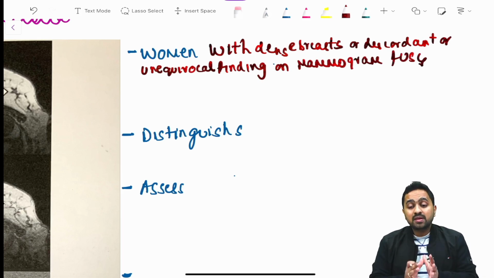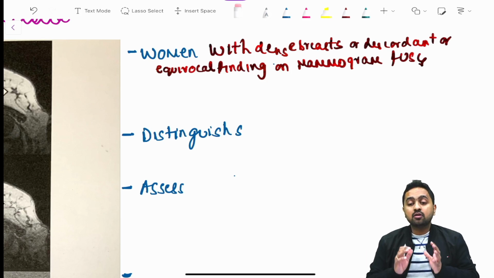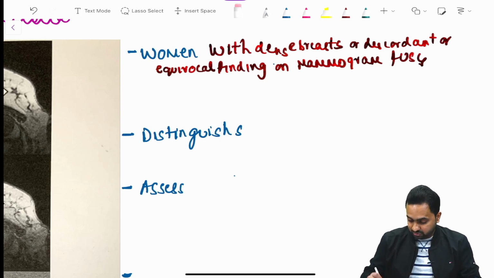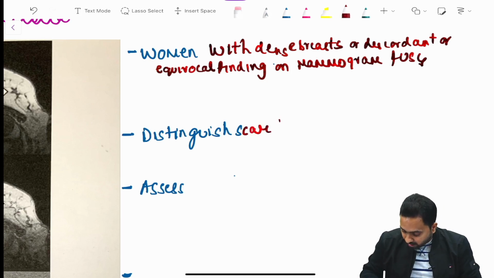So the woman with dense breast or discordant or equivocal findings on your mammogram and USG. Then MRI is used to distinguish scar from recurrence.